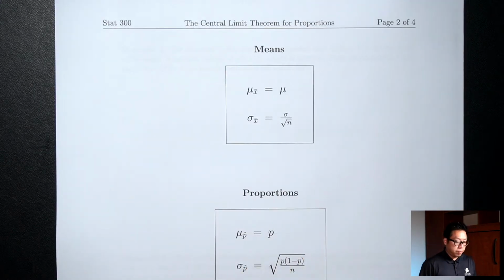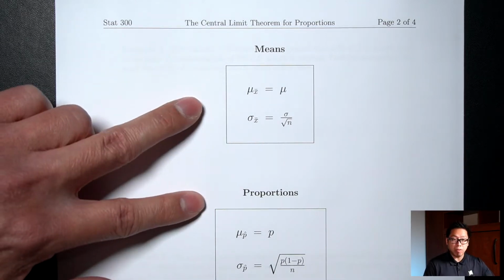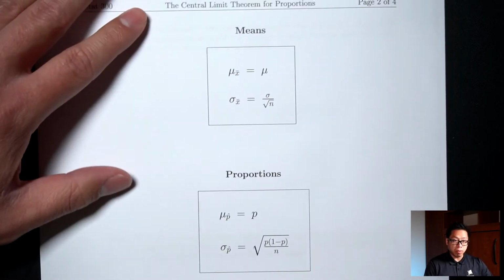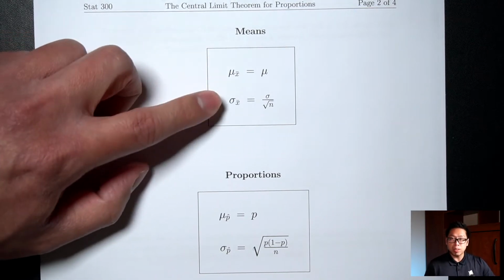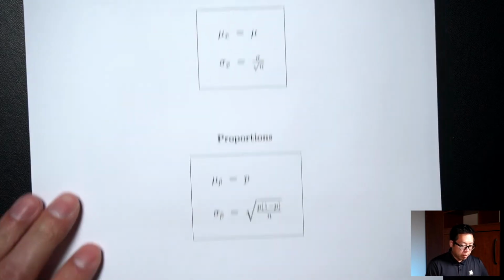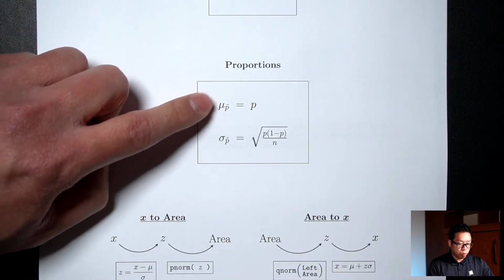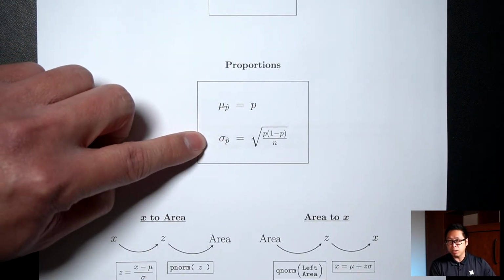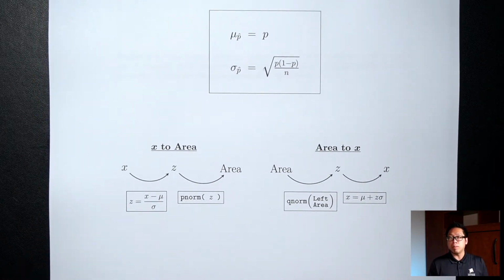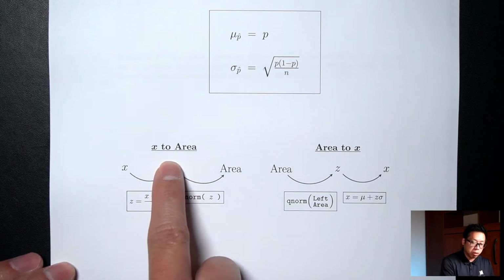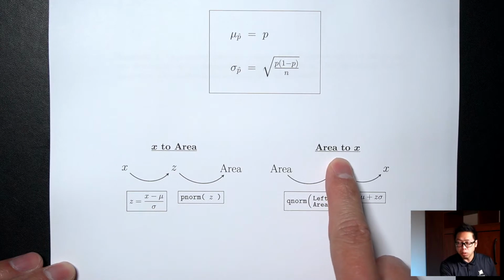The second page is just a formula sheet. So what I did was I recopied the two boxes from that front page here. The first box is for the mean situation, what mean you should use and what standard deviation you should use. For the proportion situation, what mean and what standard deviation you should use. And then at the bottom, these are the same diagrams that we've been using for the last two lectures that tell you your workflow for an X to area type question and for an area to X type question.